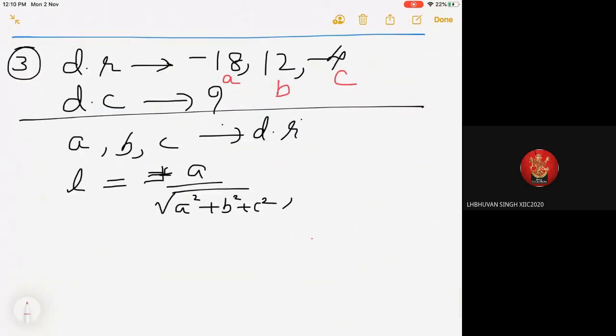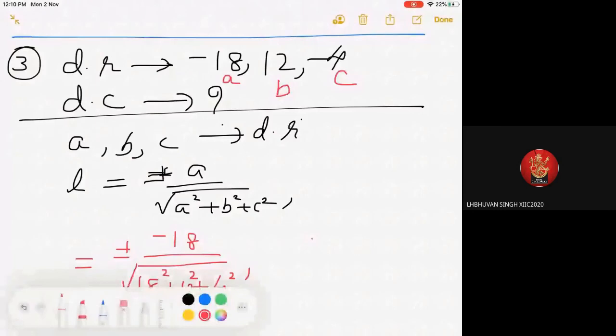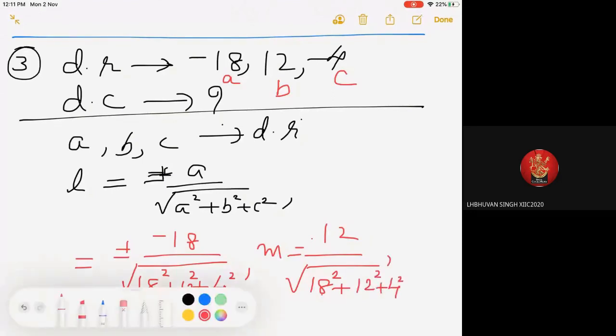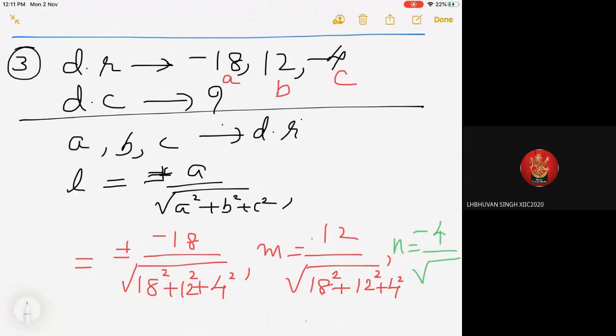So L equals minus 18 by root of 18 square plus 12 square plus 4 square. Similarly, M equals 12 by root of 18 square plus 12 square plus 4 square, and N equals minus 4 by the same formula. This will give the direction cosines.